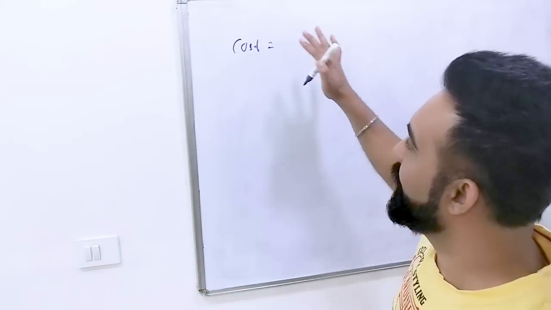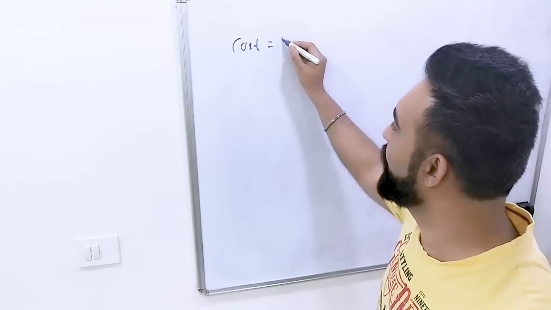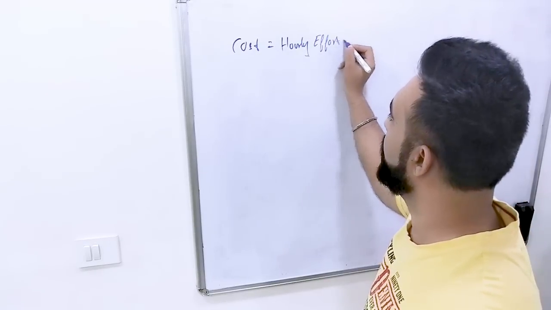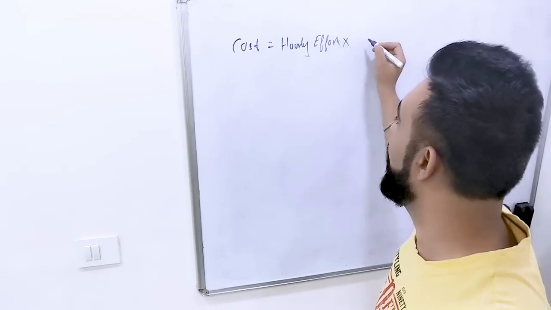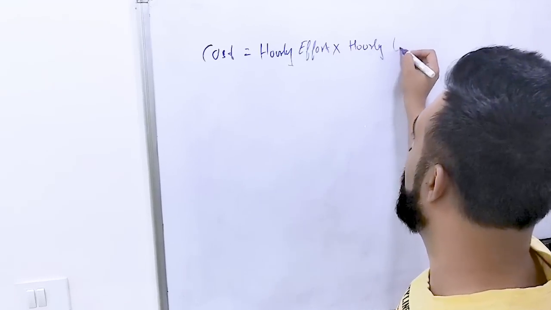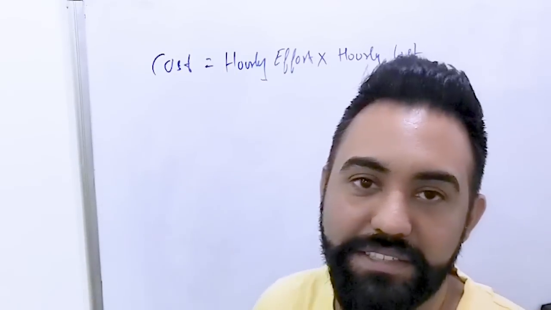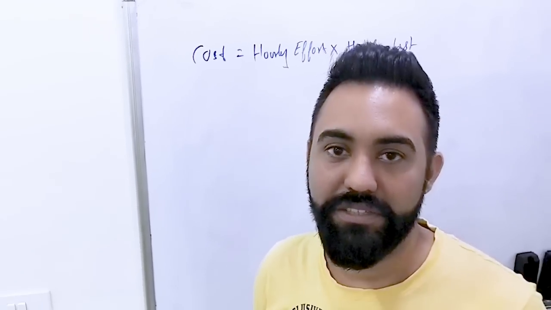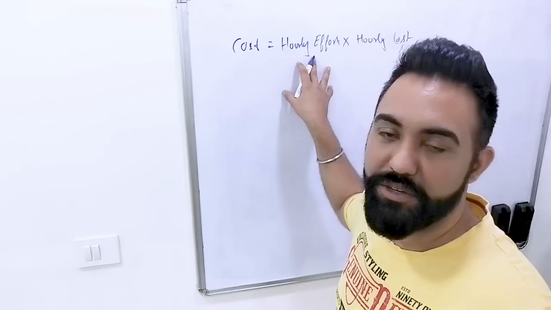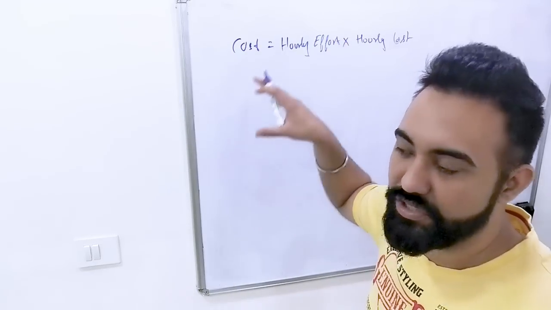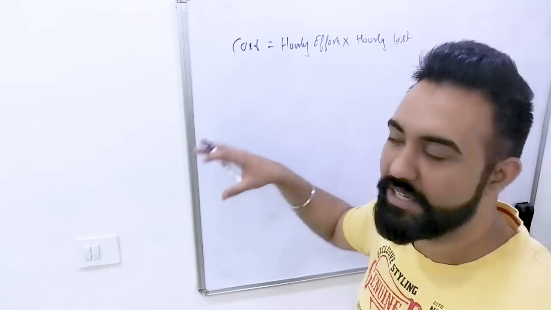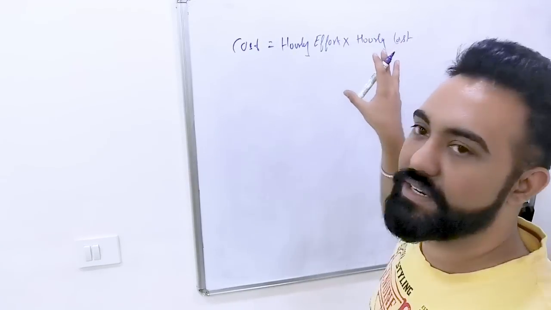Anyway, so they look at the hourly effort and multiply that with the hourly cost. So this is the formula that is typically used by most app dev agencies. One is how many hours are they going to be spending on that specific feature in order to complete it, and then multiply that by their hourly cost.